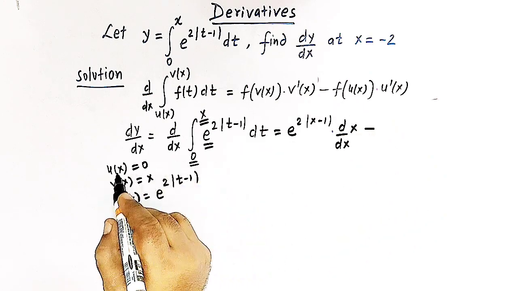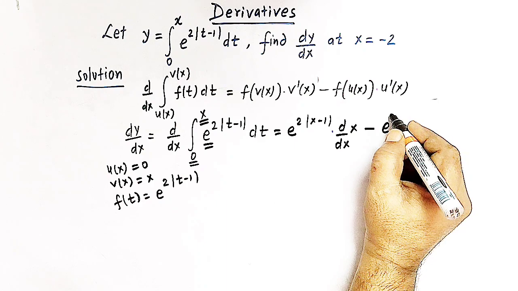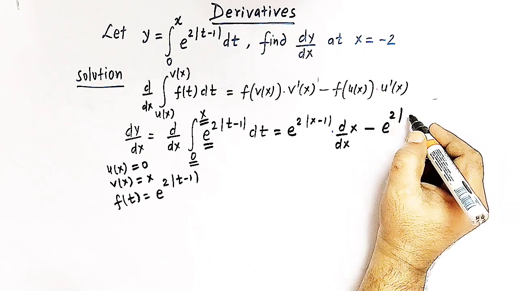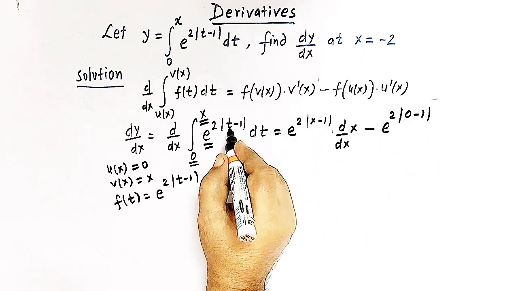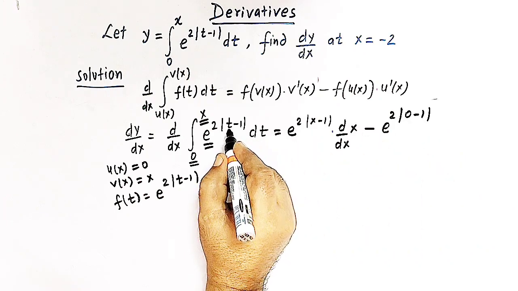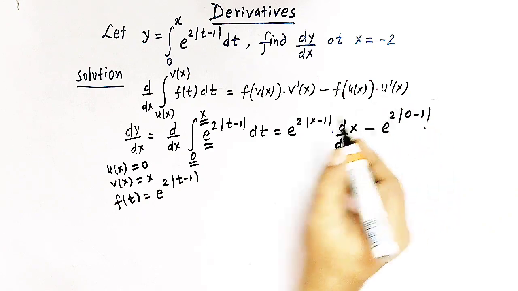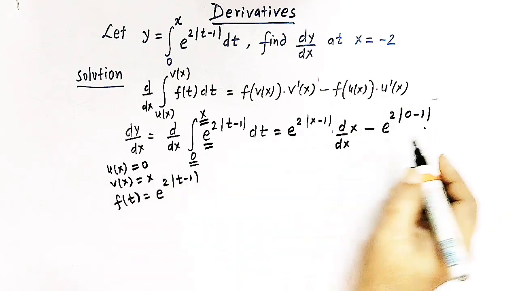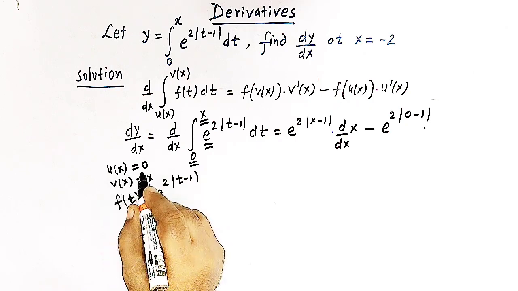Now here we have u of x is equal to 0. So we can now write e raised to 2 times the absolute value of 0 minus 1, because we now replace this t by 0, and then we differentiate u of x with respect to x. So here the lower limit, that is u of x, is 0.